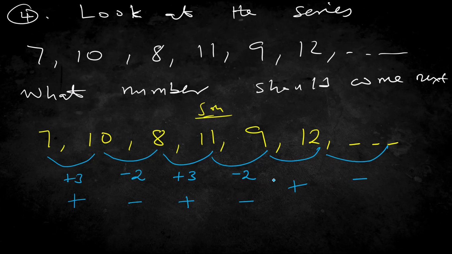So we have plus 3 minus 2 plus 3 minus 2 plus 3 minus 2 plus 3 minus 2. So this side will be minus 2. The next one will be plus 3. As simple as that. So minus 2, this side will be 10. And this side will be what? You can put the answer under the comment section below.